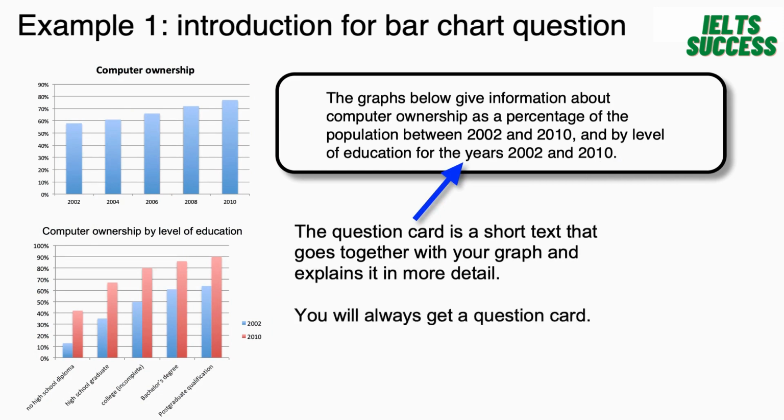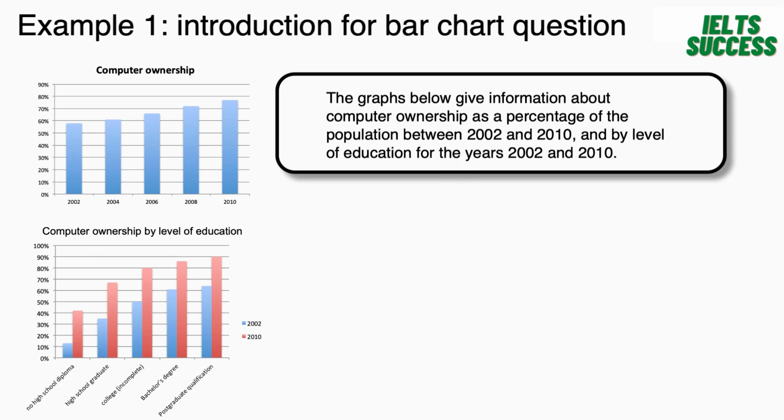You will always get a question card for any IELTS writing task. So let's read our question card. The graphs below give information about computer ownership as a percentage of the population between 2002 and 2010, and by the level of education for the years 2002 and 2010.